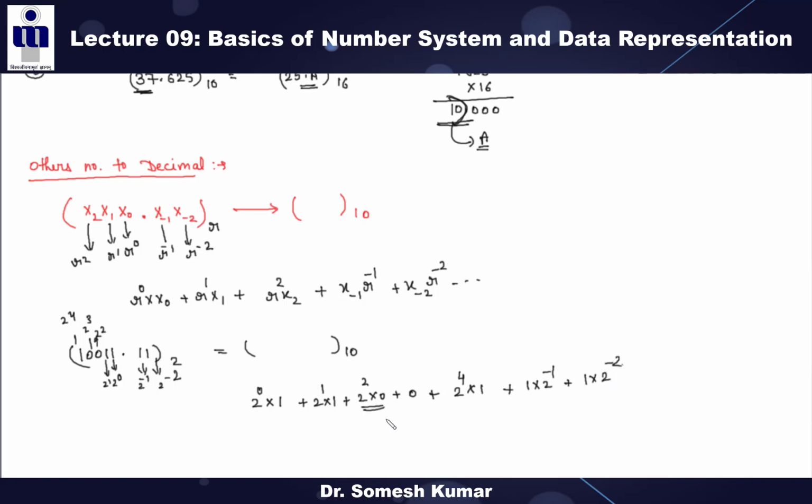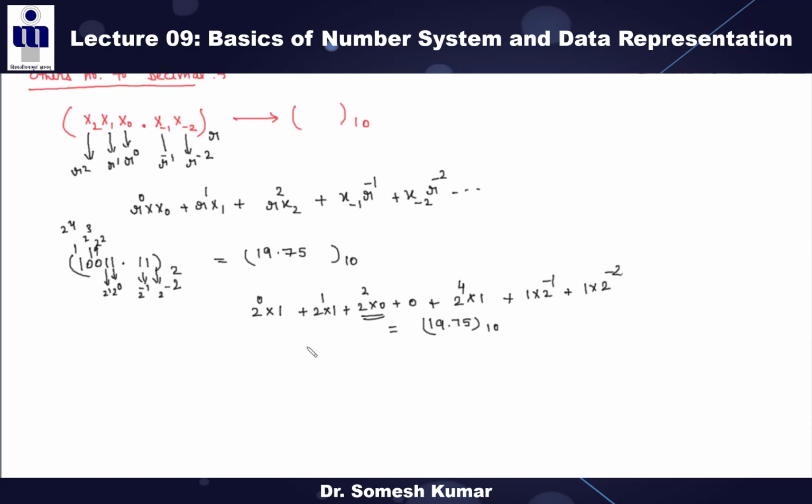So if you solve this calculation, then it will come 19.75, right? So this is your decimal number of this binary. Clear this method? How you can convert other number to the decimal? Now we can take one more example.